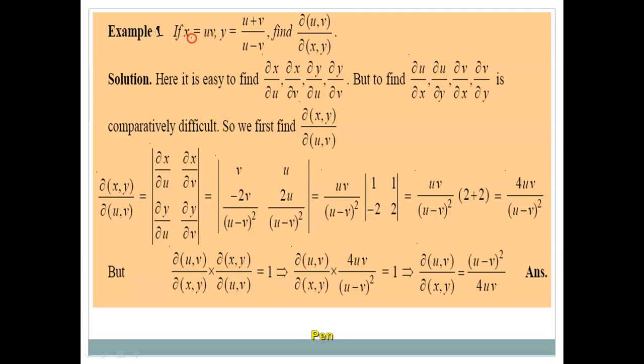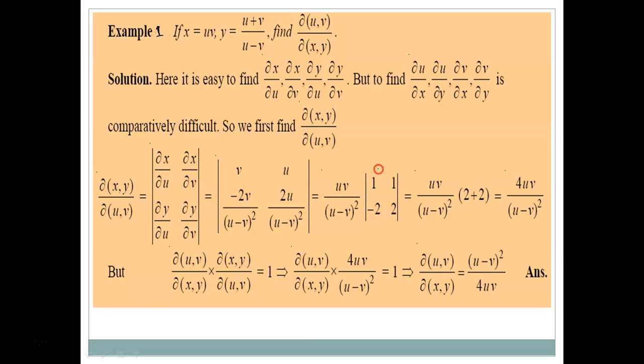If x is equal to uv, and y equal to (u plus v) by (u minus v), then find ∂(u,v)/∂(x,y).